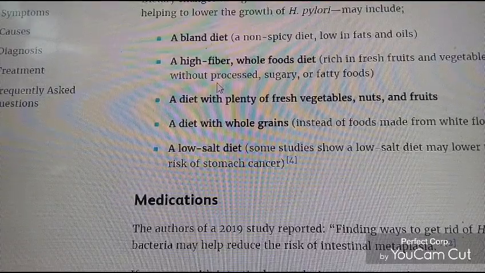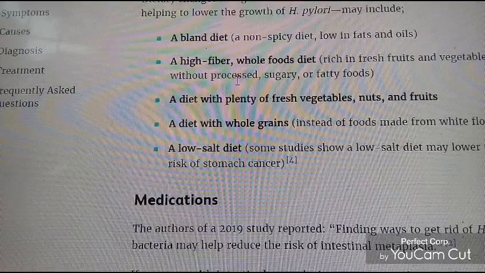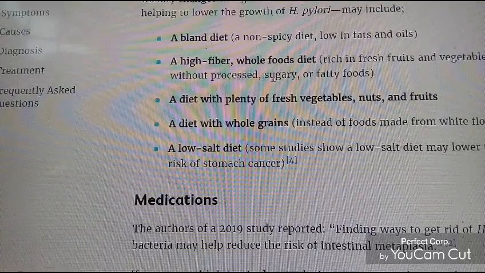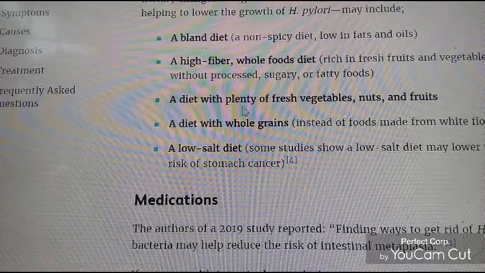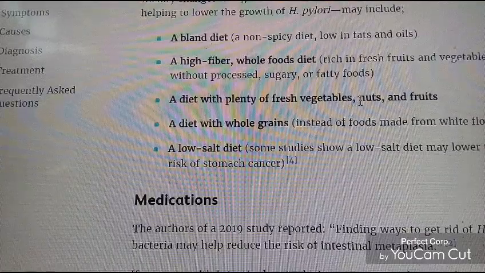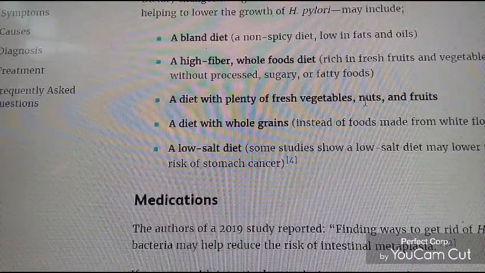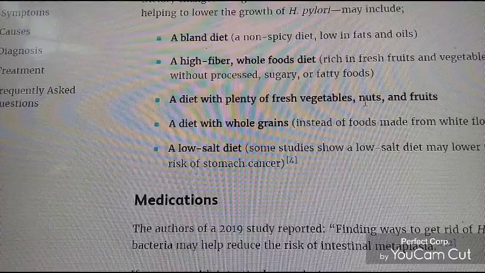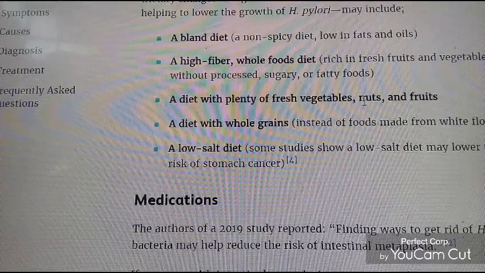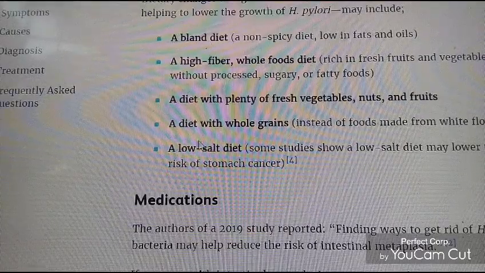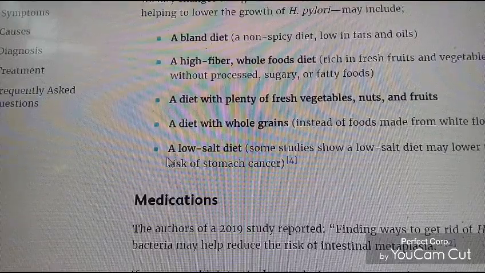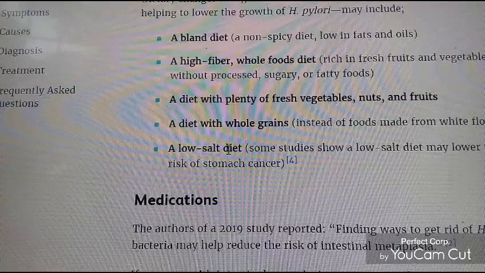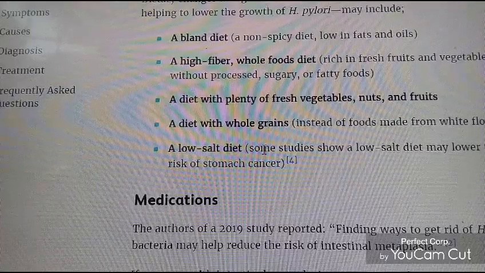Fresh food, vegetables. Avoid sugary or fatty foods. A diet with plenty of fresh vegetables, nuts and fruit. Nuts, definitely. Nuts will be great for digestion. Idiots. A diet with whole grains. Moron. A low salt diet, very important. Idiots.